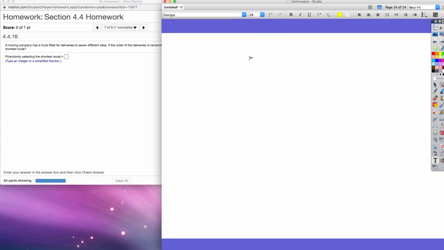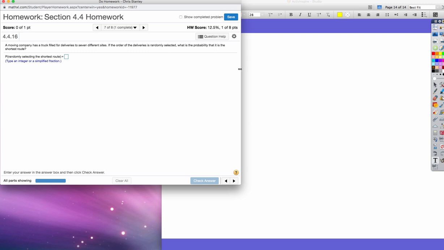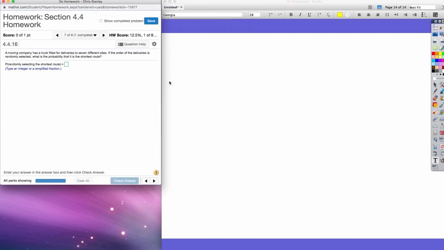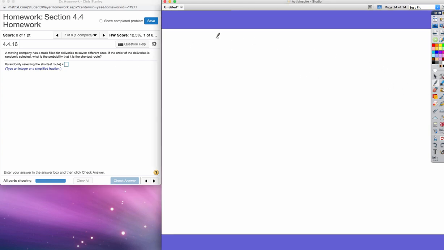Okay, how about going from different routes? Seven sites. Site 1, Site 2, Site 3, Site 4, Site 5, Site 6, Site 7.